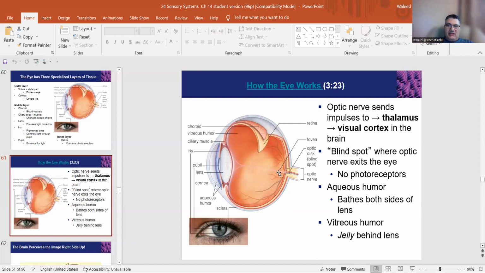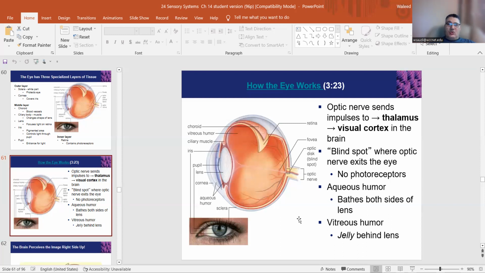But we want it to be in this fovea, called the fovea centralis, because it is heavily clustered, specifically with one type of photoreceptors. We will discuss the photoreceptors, but there are two types, rods and cones. Cones are the ones for day vision and color vision. This is heavily clustered with photoreceptors called cones.